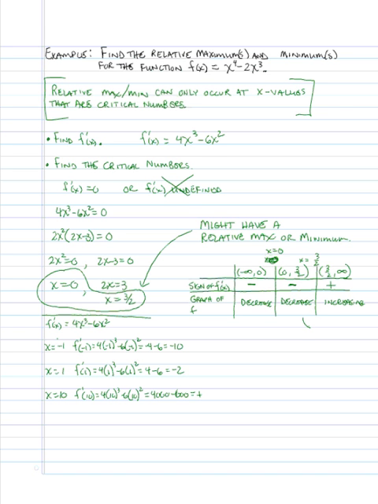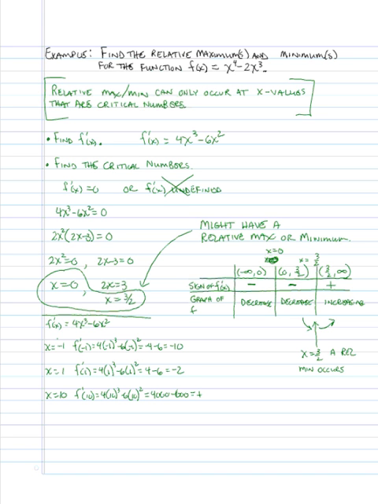It's decreasing, and then over here it's increasing. So that tells us right here at x equal 3/2, we have what? A relative minimum. A relative minimum occurs.